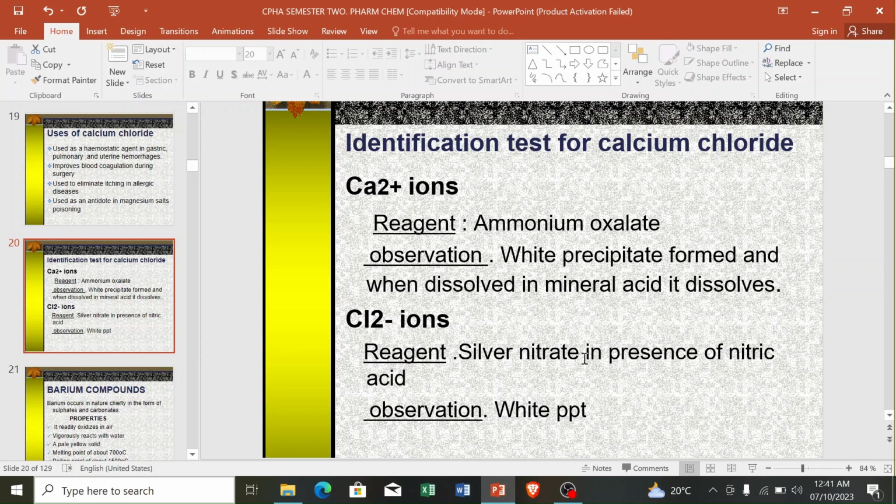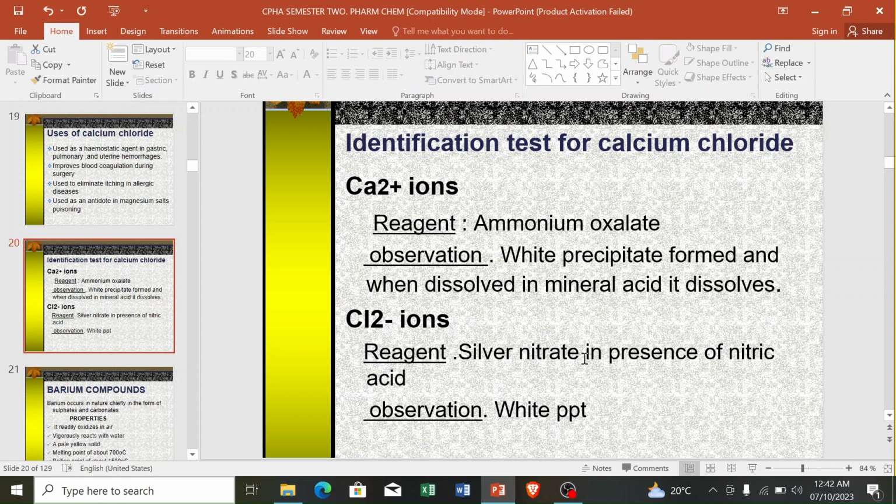To confirm this ion, we said when we react silver nitrate in the presence of nitric acid, we expect a white precipitate. But this white precipitate is soluble in both ammonium hydroxide and ammonium carbonate. So when you add ammonium carbonate to this white precipitate, we expect to see a colorless solution.